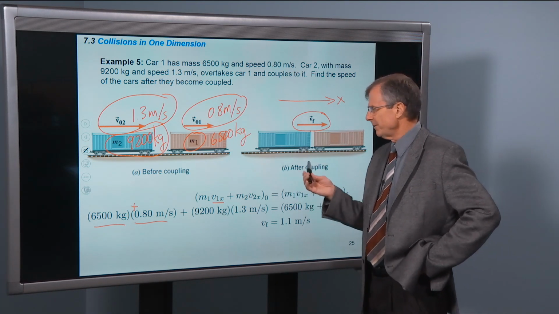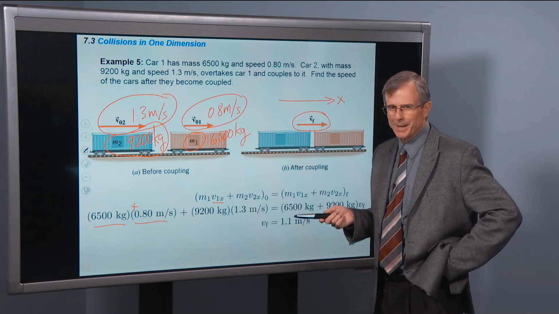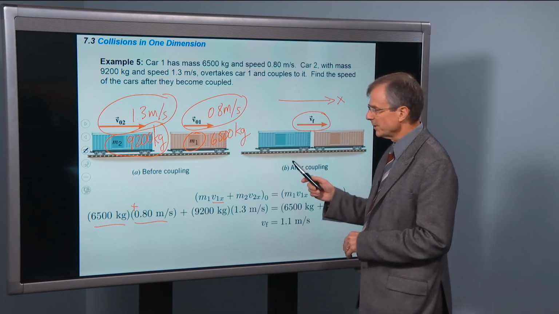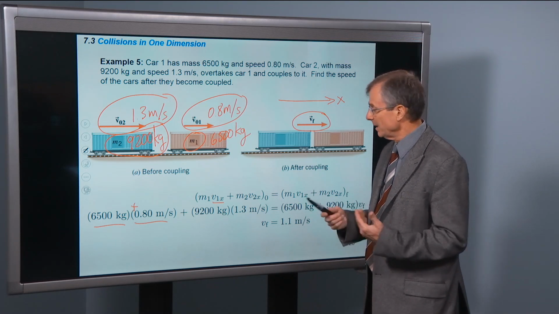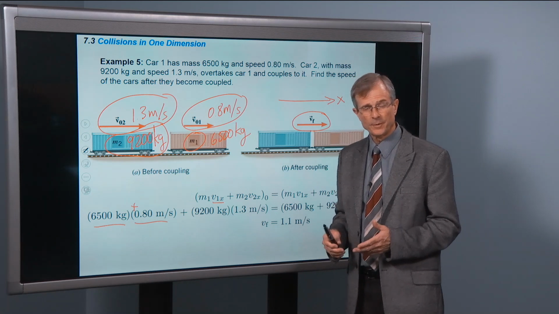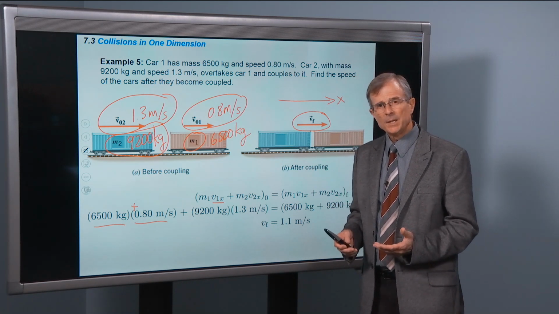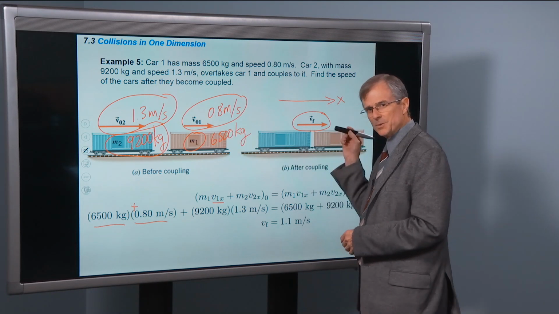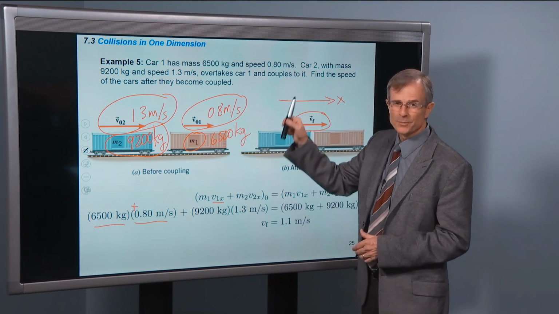This one is very similar to the other ones we've already looked at, billiard balls, man pushing off the woman, etc. The force of collision is going to be huge. And also the normal force and the weight of these cars is going to be negligible because the motion is horizontal and those forces are vertical.